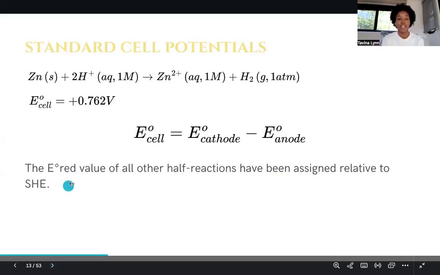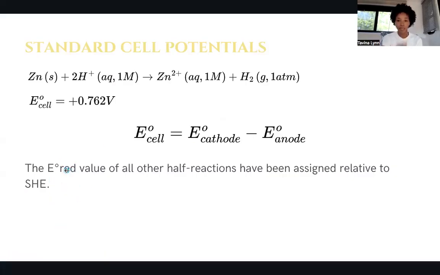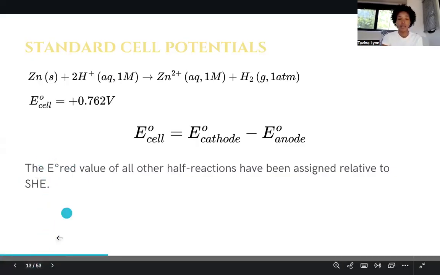All right, and as I just mentioned, the standard reduction potential values of all half reactions are assigned relative to SHE. So they're coupled with the standard hydrogen electrode half reaction, and we're able to get a standard reduction potential value.